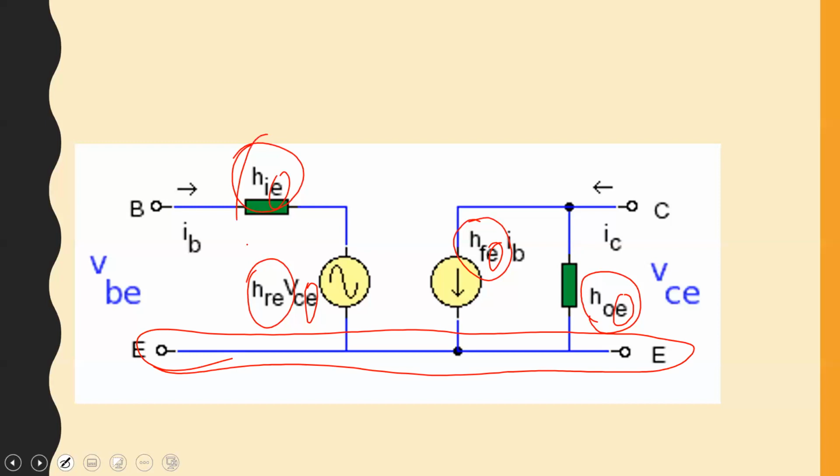So you therefore have HIE, which is the input impedance, HRE, the reverse voltage gain, HFE, the forward current gain, HOE, the output admittance. All right? So when you do this in electronics, it shouldn't be too strange. Or if you have done it, it hopefully has enhanced your understanding. All right, so moving right along.